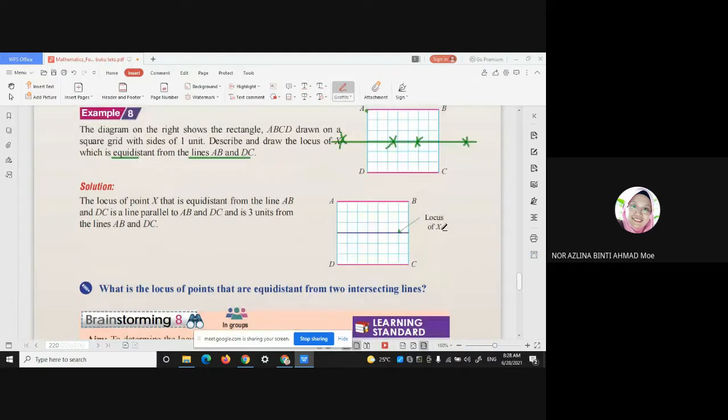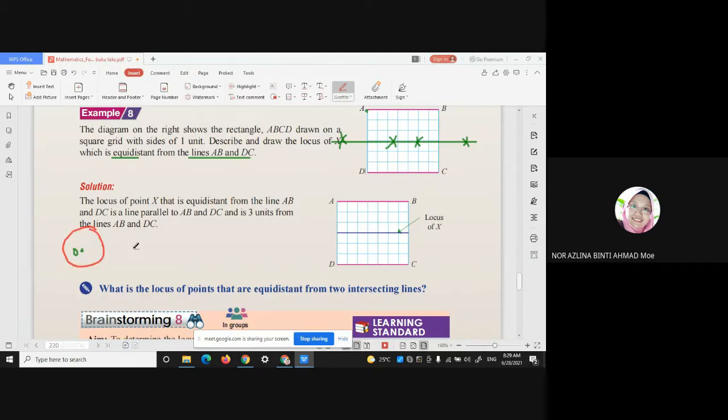So I repeat. First, the shape of the locus is a circle, meaning the distance from the point is equidistant. This is the first shape of locus.